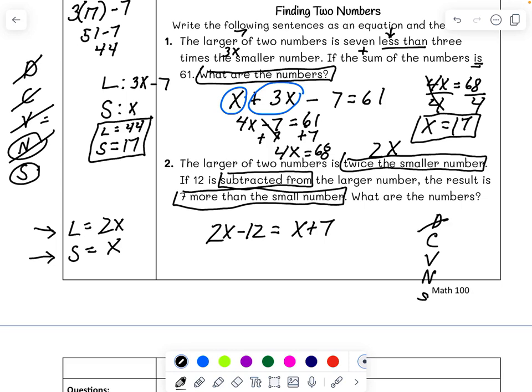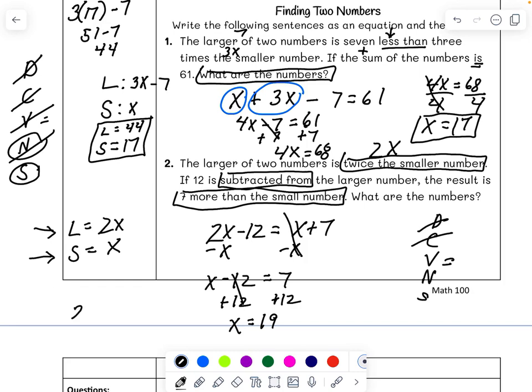All right, so no distributive, no combined like terms, but I do have a variable on both sides. So let's move the smaller one. So now I know my smaller number is 19, right here.